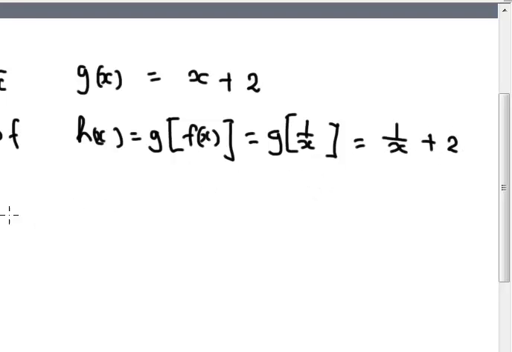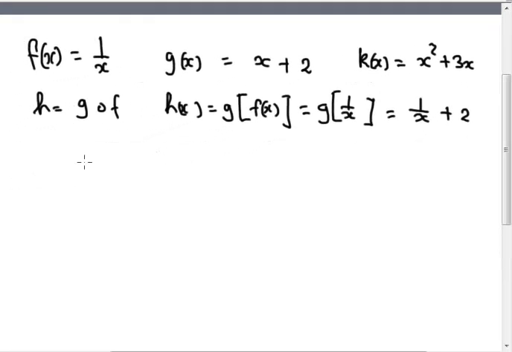Is that right? Now I want to give a function here. Let me say k of x, which is equal to x squared plus 3x. Are we together?